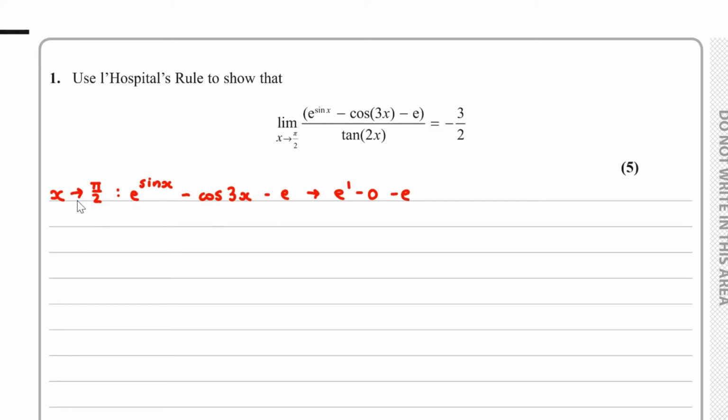So therefore, as x tends towards pi over 2, e to the sine x minus cosine of 3x minus e tends towards 0.